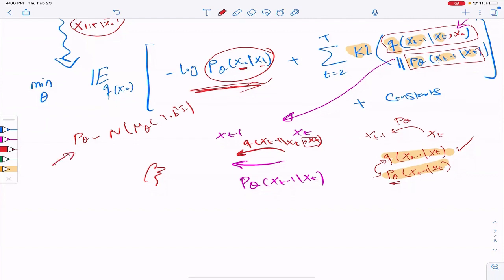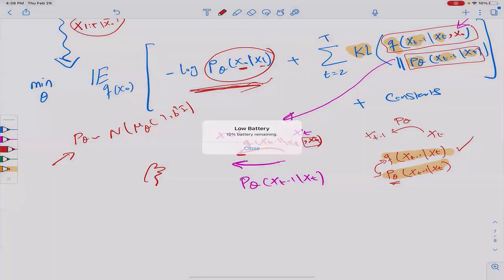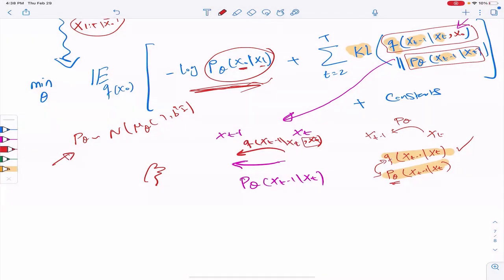There are some usually some processes done on p theta x0 given x1 because your images, the pixel values are basically discrete, 0 to 255. But now we are having p theta x0 given x1 as a Gaussian distribution, which can have any value.